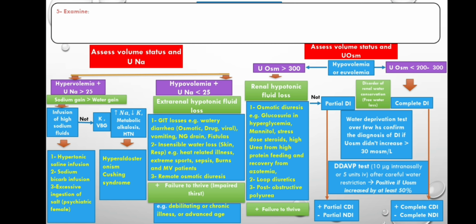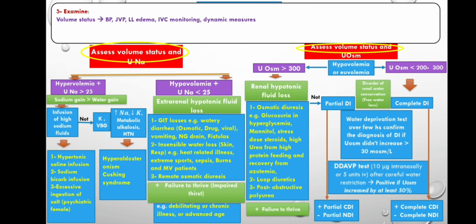Then examine the patient, the volume status as we mentioned before, and again do a neurological examination for central DI, and look for any signs of Cushing syndrome or Conn's, which is commonly associated with hypokalemic hypertension.